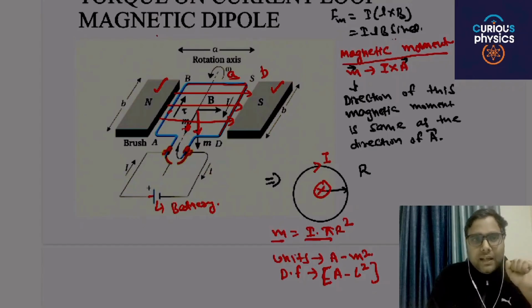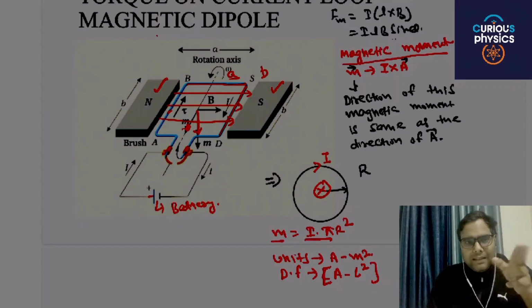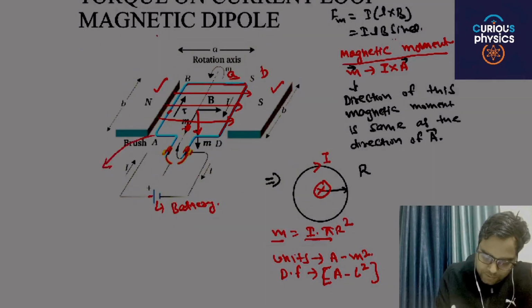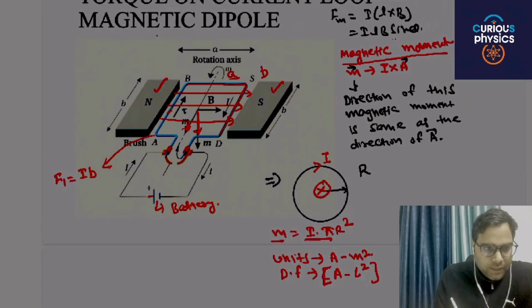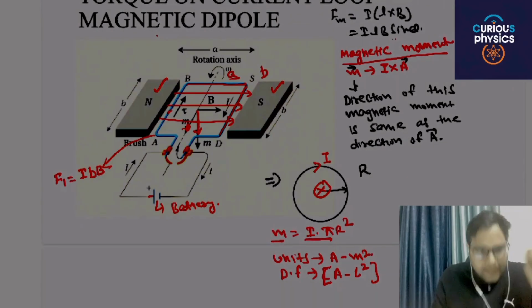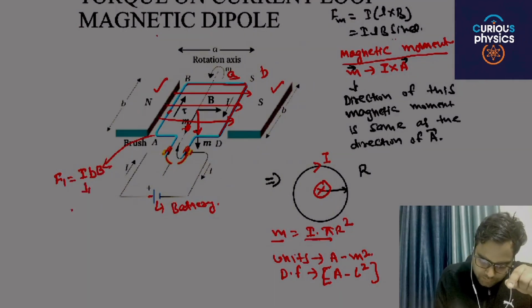This AB side will experience the force, and the angle between length and magnetic field is 90 degrees. So this particular side will experience the force F1 is equal to I, L, B, where L is the length of the side, and B. And this particular force will be in downward direction.